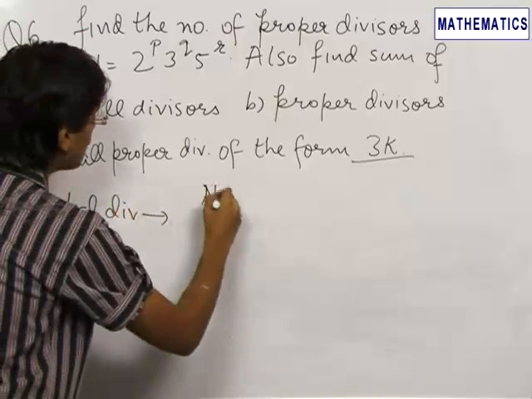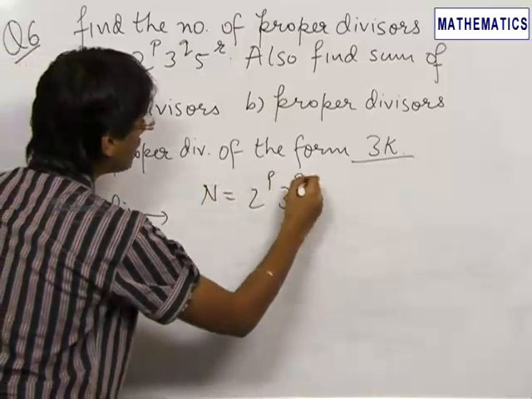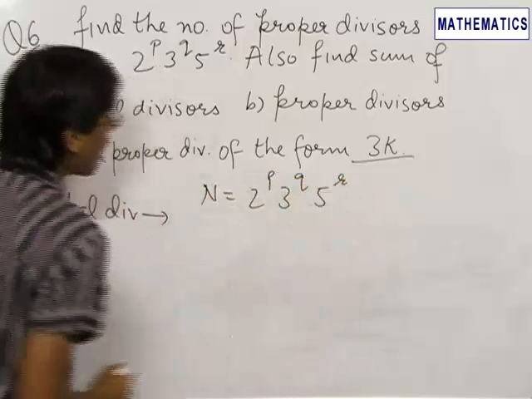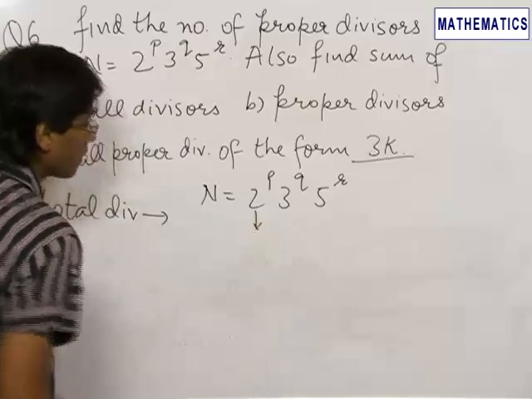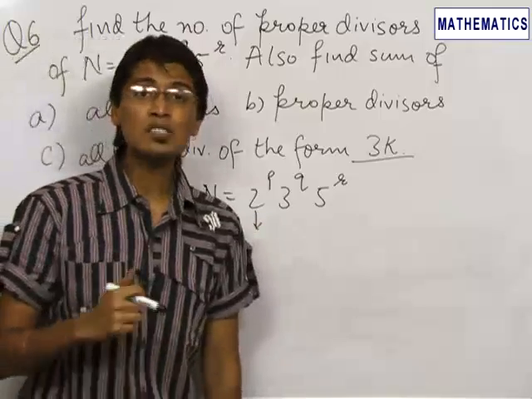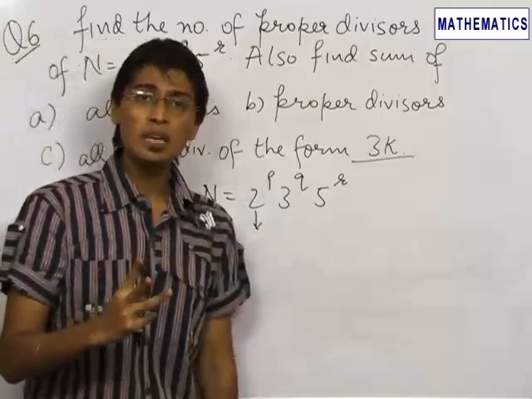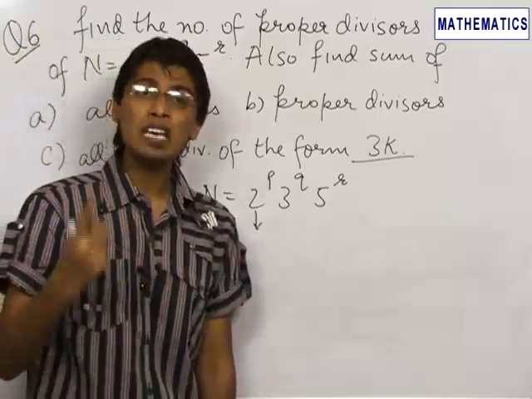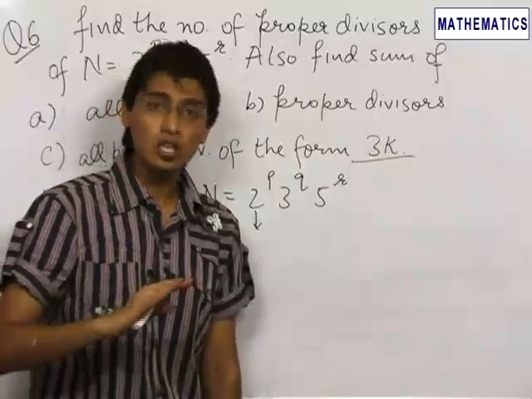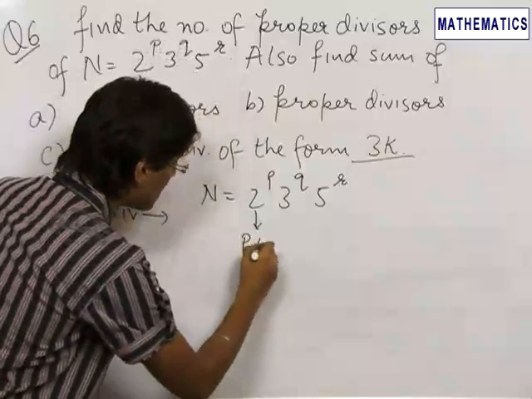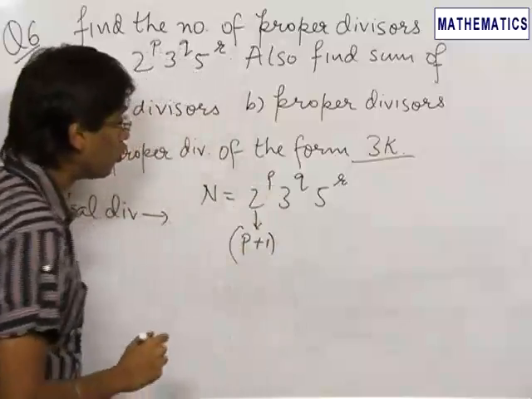The number is represented by 2 power p into 3 power q into 5 power r. This 2 can be selected in p plus 1 ways, that is selecting 1 p, 2 p's, 3 p's up till p p's, and the p plus 1th case is selecting no 2. So there are p plus 1 ways of selecting 2.